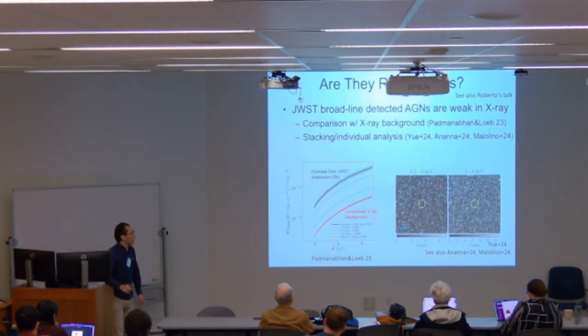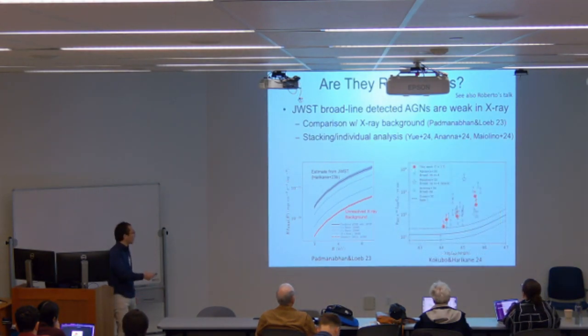And recently, there have been many intensive studies of the stacked or individual X-ray properties of these broad-line objects. For example, this figure shows the result of a stacking analysis. They don't find any significant detection in these broad-line AGNs.